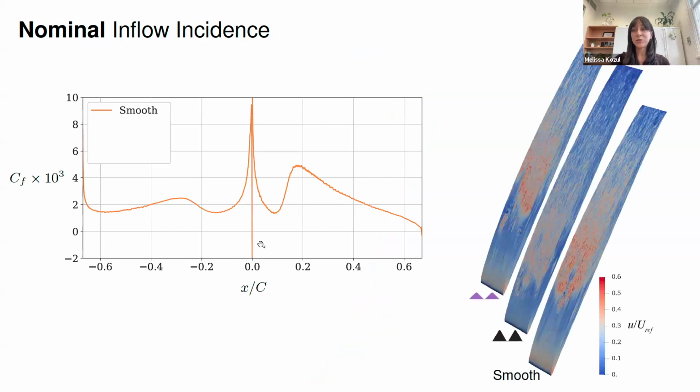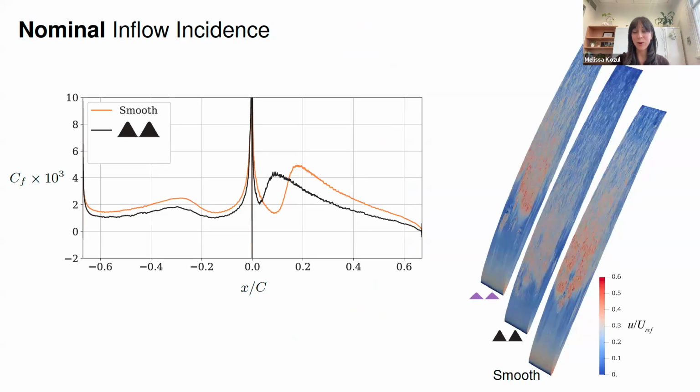But what we're really interested in is, are they reducing the drag? So this is the drag curve, if you like, for the smooth case. Here on the right-hand side, the orange curve is for the smooth reference case, and we want to see the riblets hopefully reducing this curve. And they did, which is great.